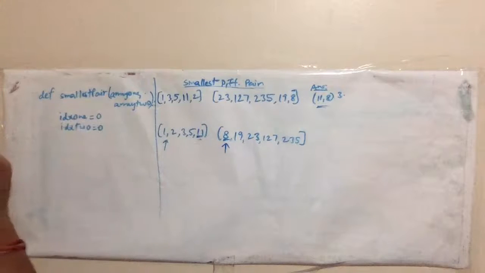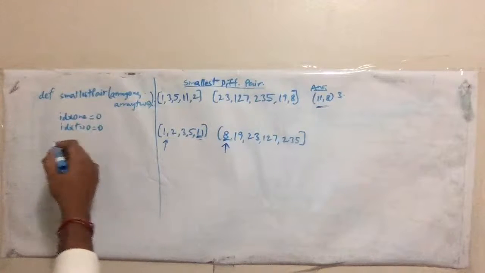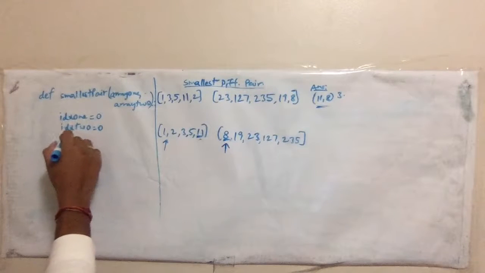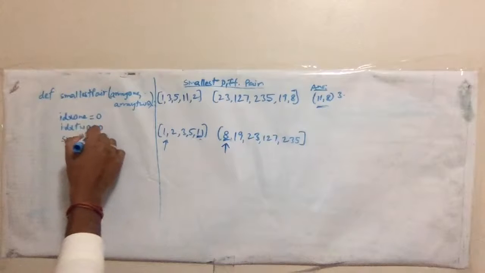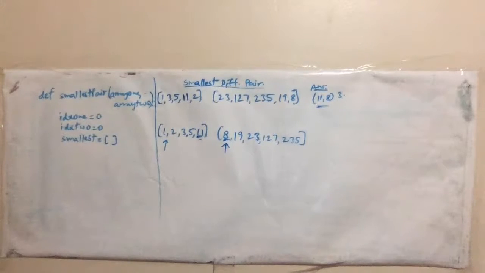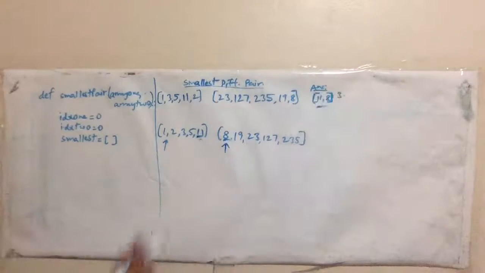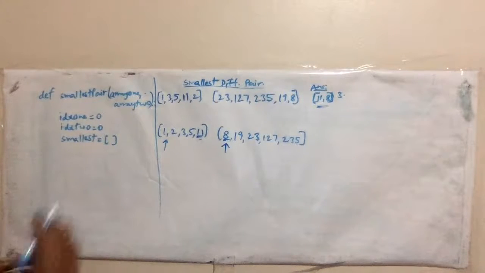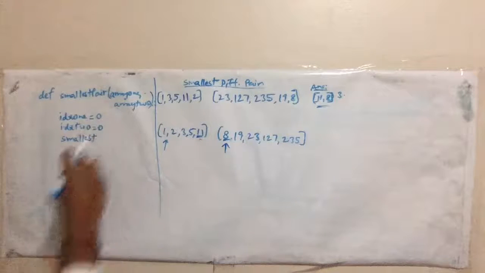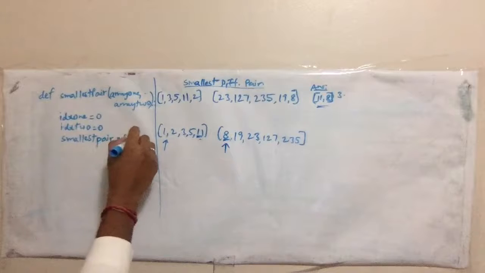And we need to create the smallest difference. I am just initializing the resultant answer, the smallest pair, to an empty list. Pair is more suitable.